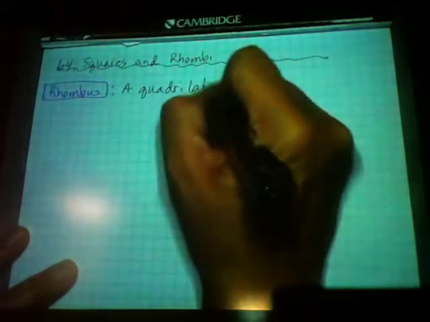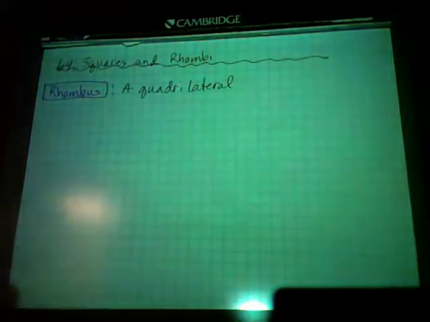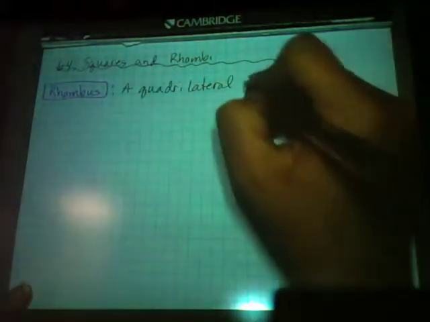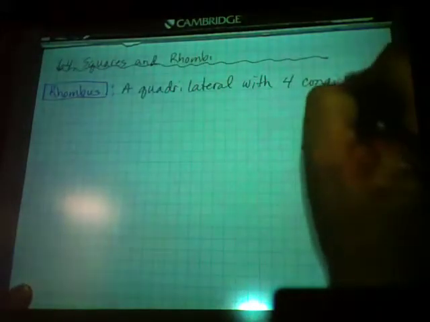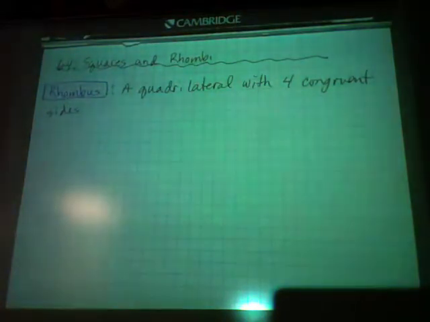A rhombus is a quadrilateral, so it has 4 sides, with 4 congruent sides. So because it has 4 congruent sides, it's similar to a square.